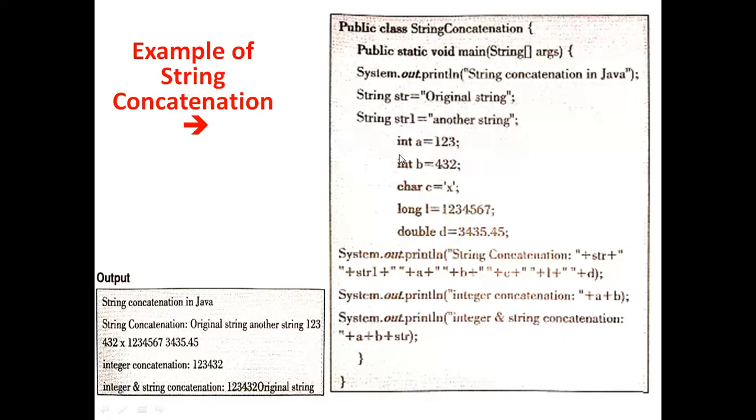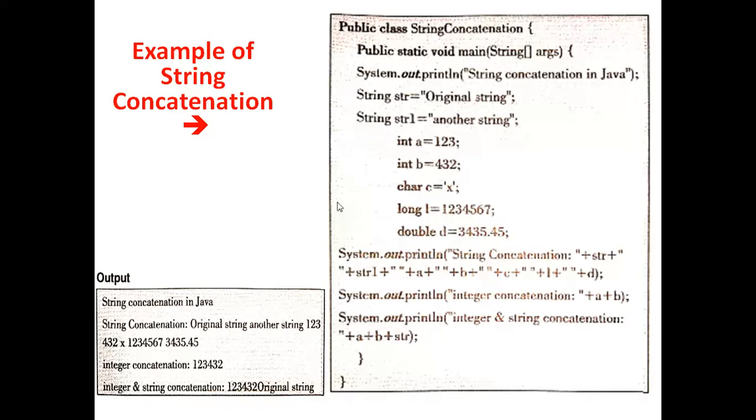Afterwards, I have created some variables which are of integer type, that is int a, in which I have stored 123, int b, which is 432, another variable, that is c, which is of character type, in which I have stored x as a character, another variable of long type l, in which I have stored the number 1234567.